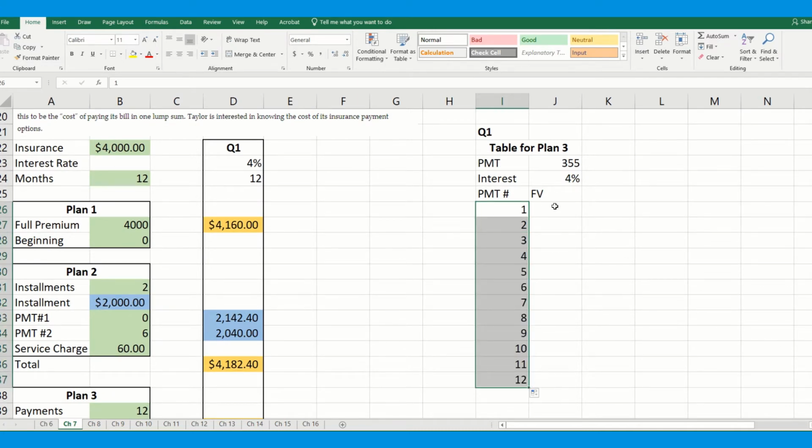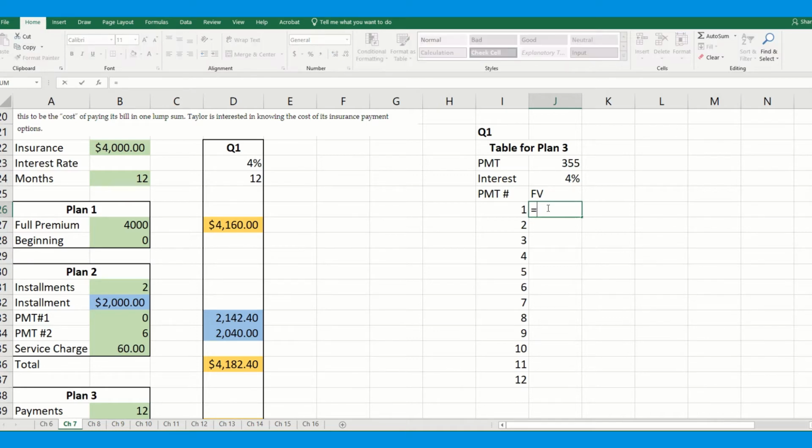And then I'm going to compute the future value of this, okay? So the future value of the payment, so if we think of a timeline, we had payment 1, the future value is moving forward to 12. So I'm going to create a future value formula using absolute cell referencing, so I only have to create it once.